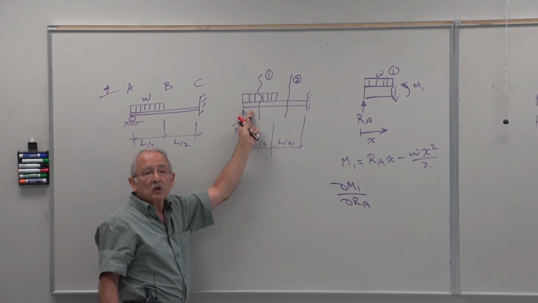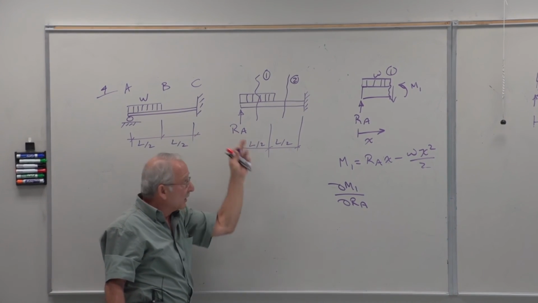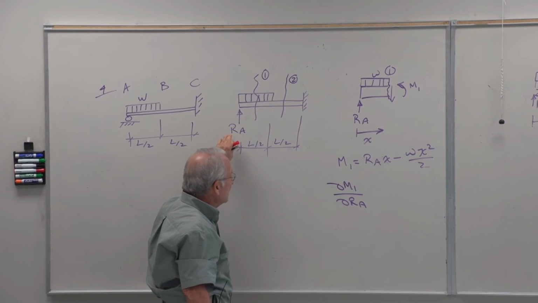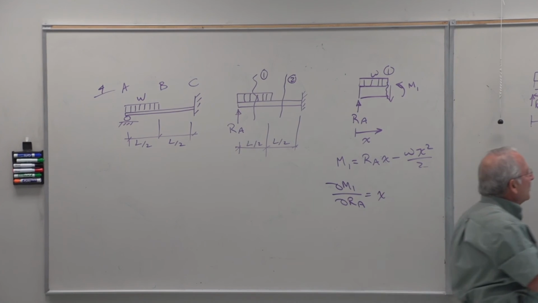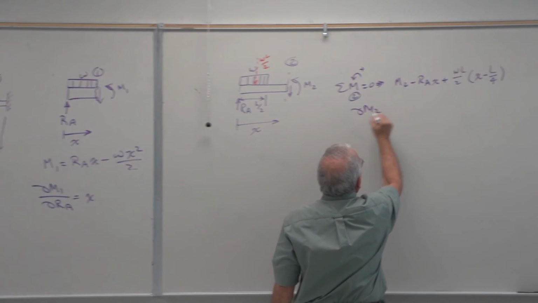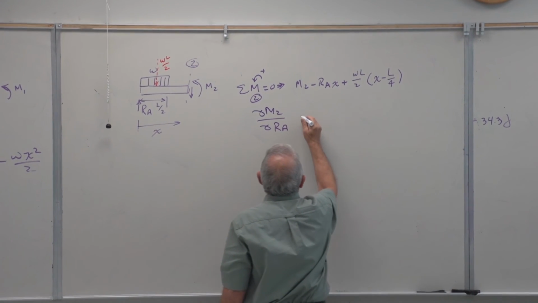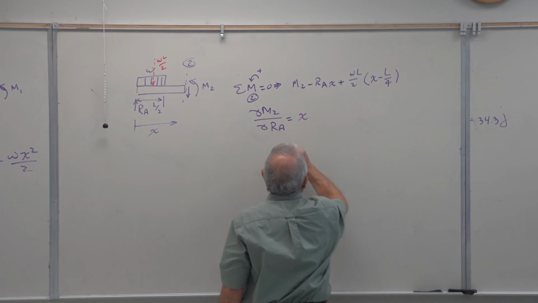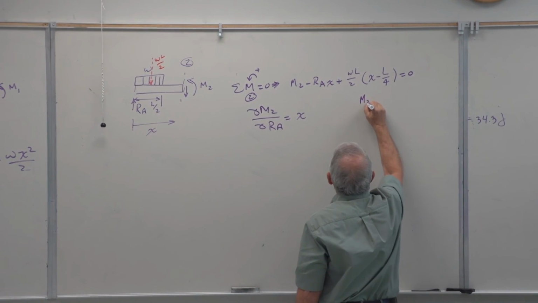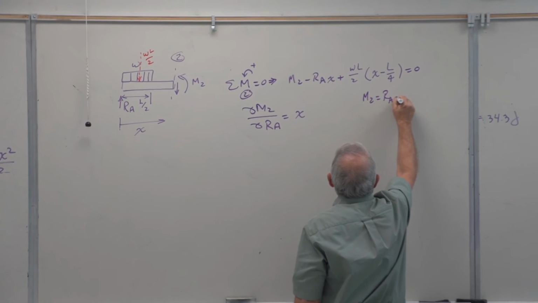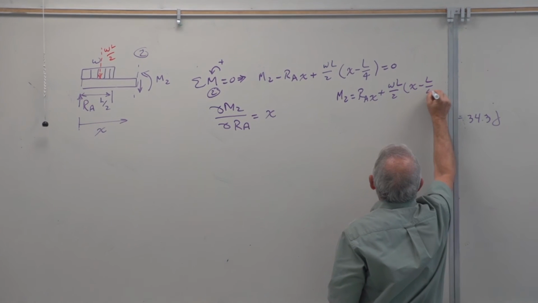And then set that deflection equal to 0, because there can be no deflection at that point. So we're trying to find the deflection in terms of RA, set it equal to 0. This is x. Take partial of M2 with respect to RA. That is also x. So M2 will be equal to RAx minus wL over 2 times x minus L over 4.